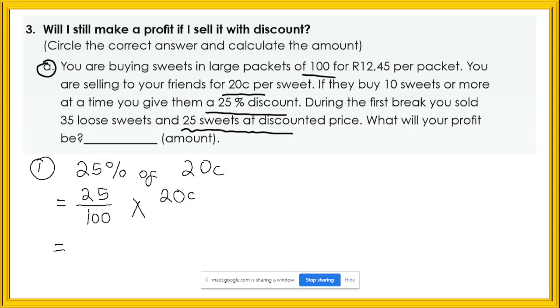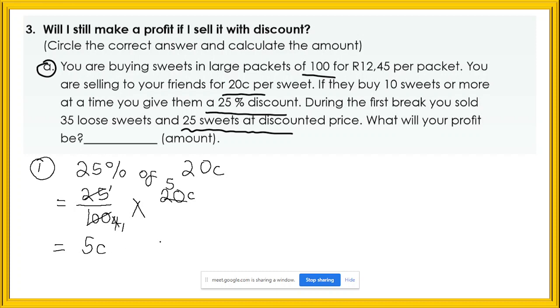So 25 can go into 100 four times. Now 4 can go into 20 five times, which means the discount given there is 5 cents.